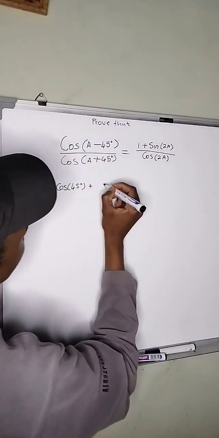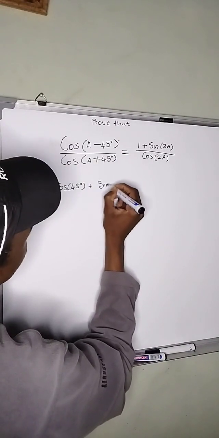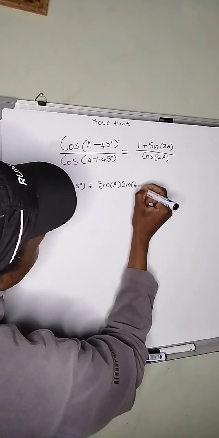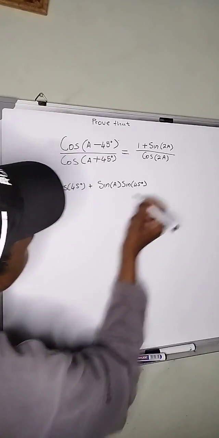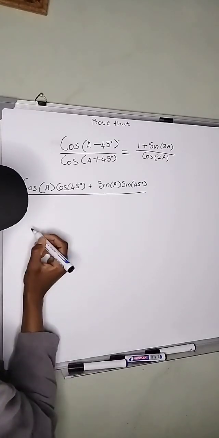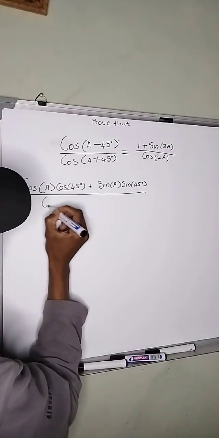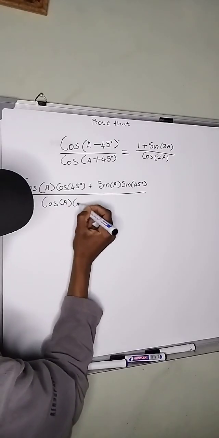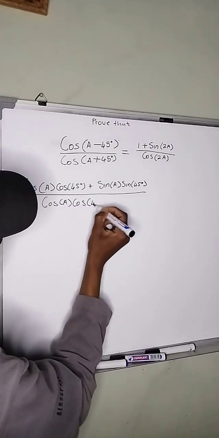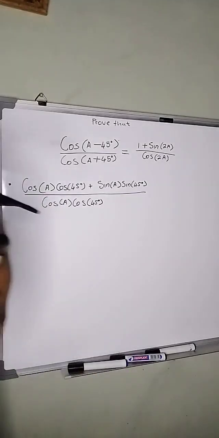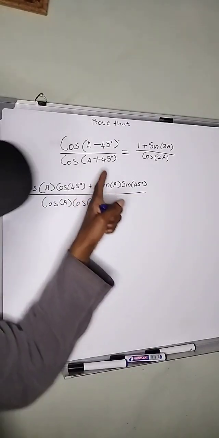So this is going to be sine A and sine 45 degrees, all divided by cos A cos 45 degrees.